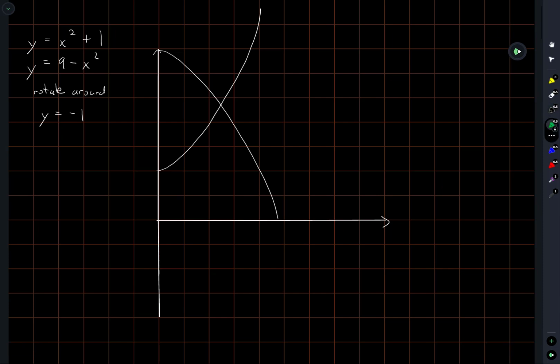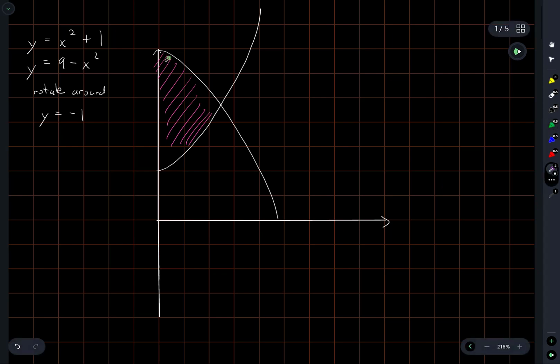I'm only going to do this for positive values of x, but this area is the one that's going to be revolved around the axis y equals -1. We're missing a symmetrical side on the left, and so everything is just going to get multiplied by 2, but the main idea here is pretty clear. Okay, and we are rotating around this axis.